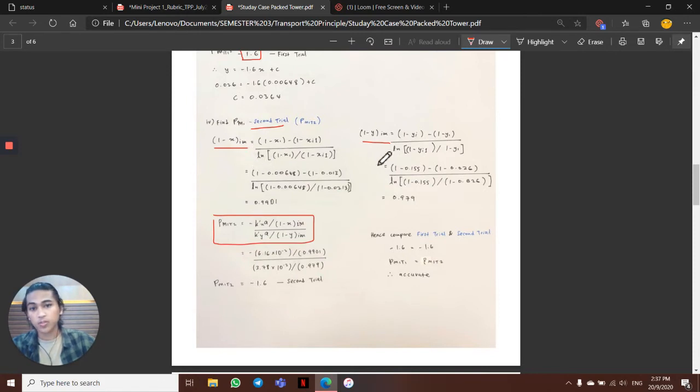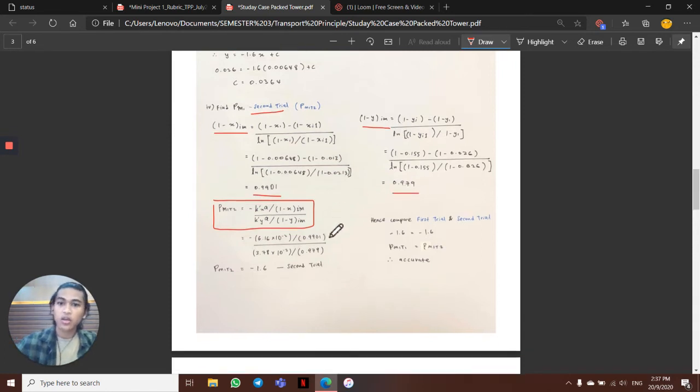Same goes for y respectively, just change the coefficient. So you will get 1 minus x im equals 0.901 and 1 minus y im equals 0.979.